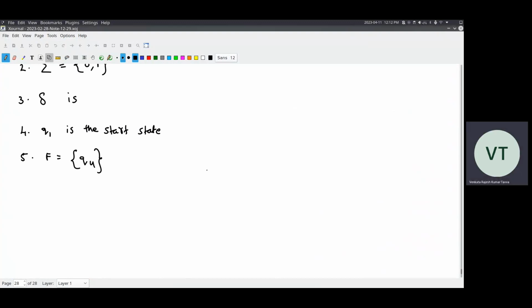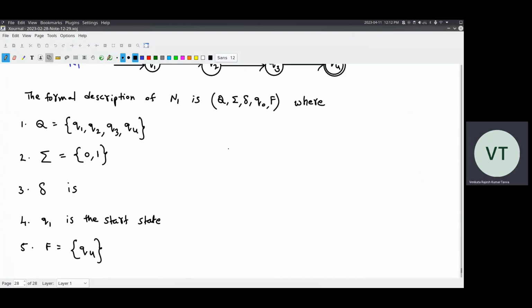Okay, so now delta. Let's write it as a table. What are the rows in the transition function table? States, right?